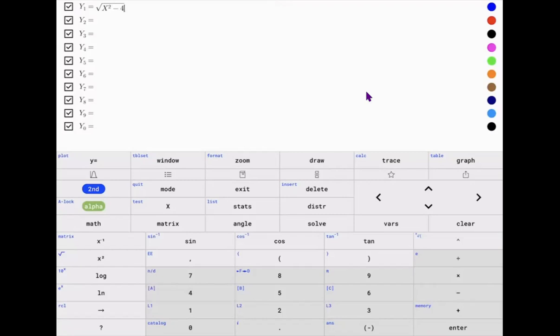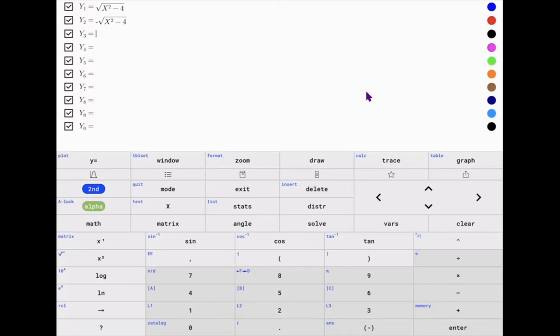And then now I'll type the negative one, so that's negative square root of x squared minus 4. Okay, now the last one is y equals x squared.